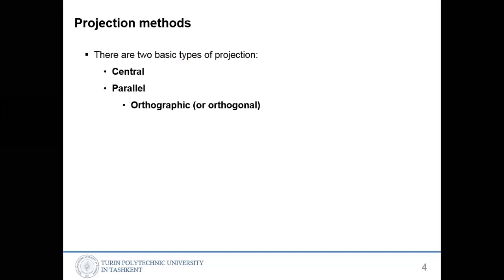And the parallel projection is like this: if the object is a cube, we are looking using parallel lines, parallel rays. So that's why the sizes are not changing.